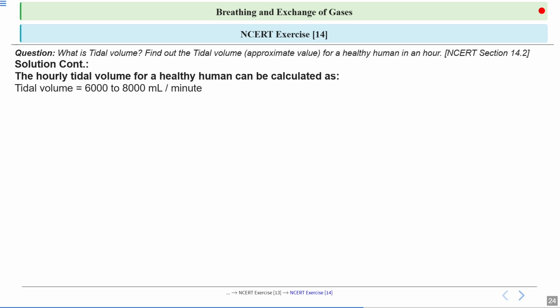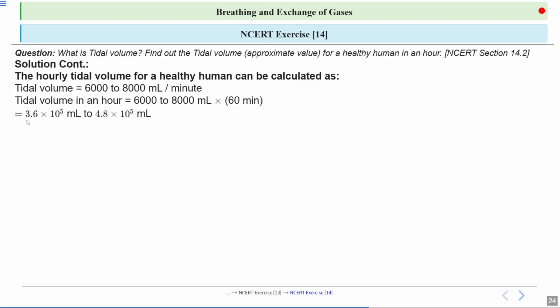per minute. This is the tidal volume per minute, not per second, right? Okay. Now they are asking for an hour. So total tidal volume in an hour is 6,000 to 8,000 ml into 60 minutes, because in an hour there are 60 minutes.